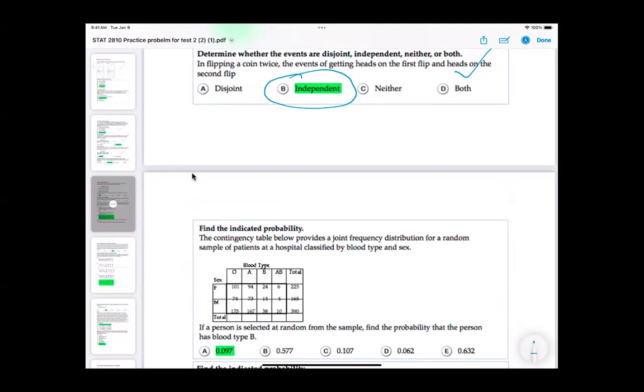So we are looking for the probability that the person has blood type B. When you look at this, this is the blood type B column. What is the total people for blood type B? It's 38. Is that okay? And then you divide by the total population, which is 390. And then you get 0.097.